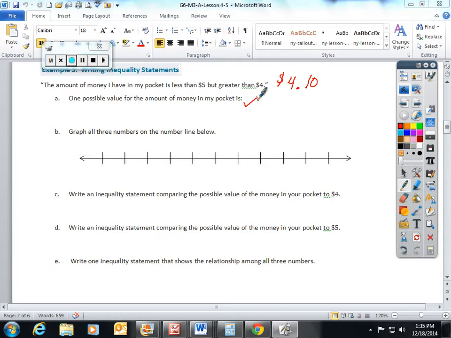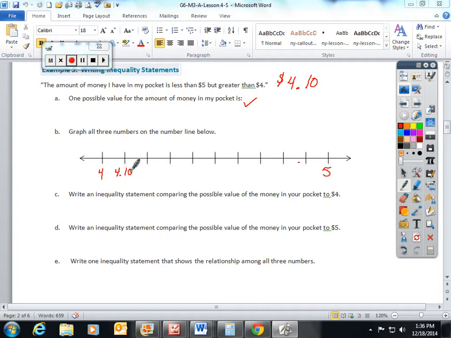And then it wanted us to graph all three of those numbers on the number line. Again, it comes back to what two integers $4.10 is in between. It's in between 4 and 5. We really want the kids counting the spaces in between these so they can label them with either a fraction or a decimal. There are 10 spaces in between these two integers. So this would be 4.1, 4 and 1/10.